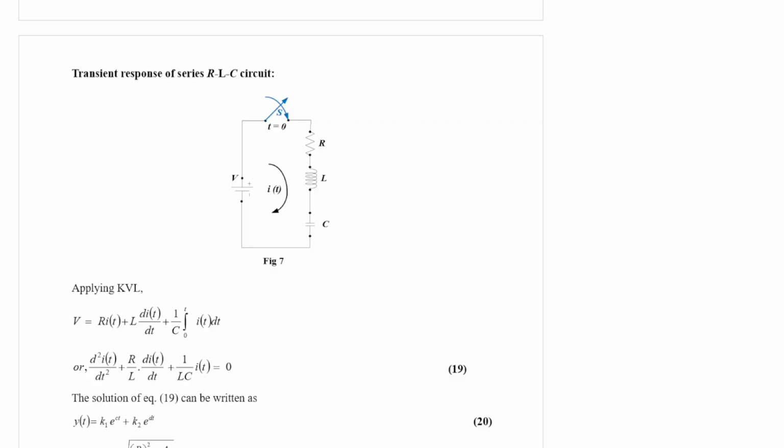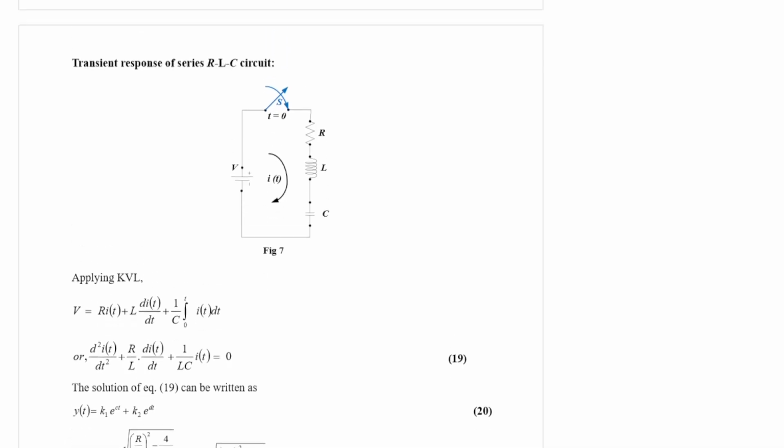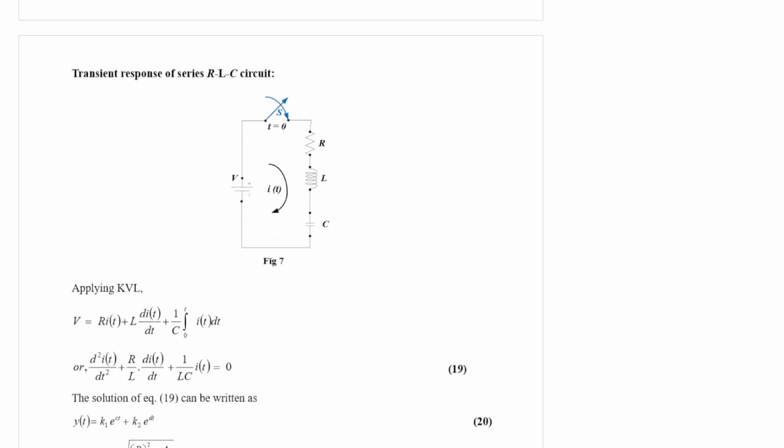Welcome friends. Let us continue our discussion on transient response of series RLC circuit. So we have a series RLC circuit connected to a voltage source of magnitude V through a switch S which is initially open.